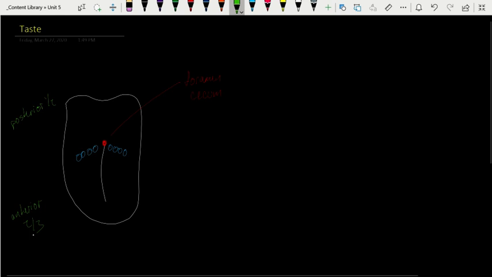The anterior portion of the tongue is innervated by cranial nerve 7, the facial nerve. And the posterior, I said third and not half. The posterior third is innervated by cranial nerve 9, glossopharyngeal.